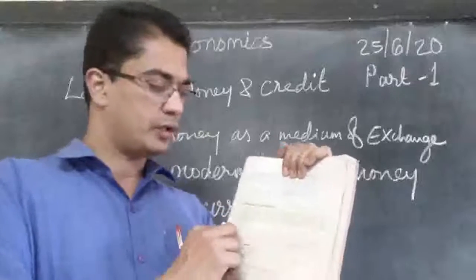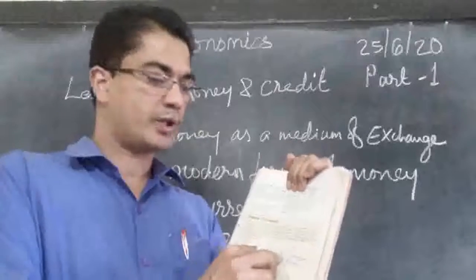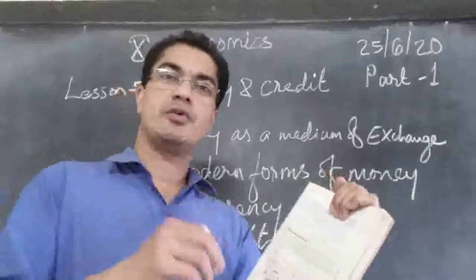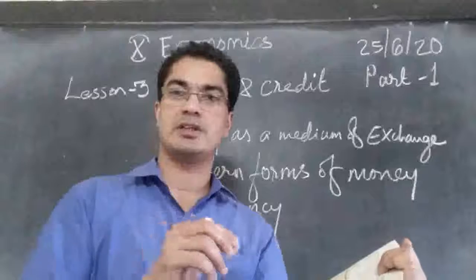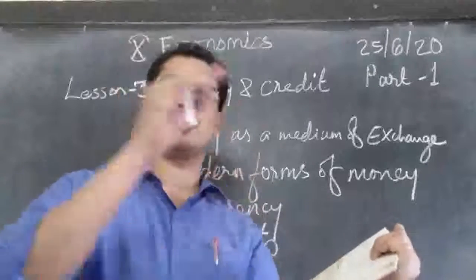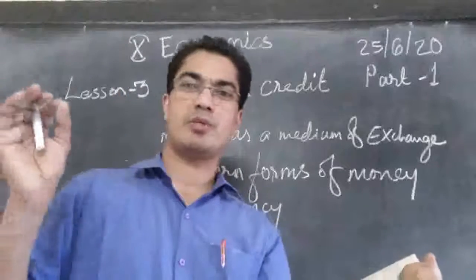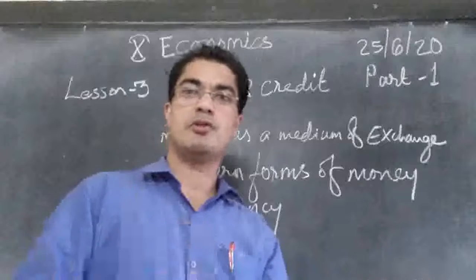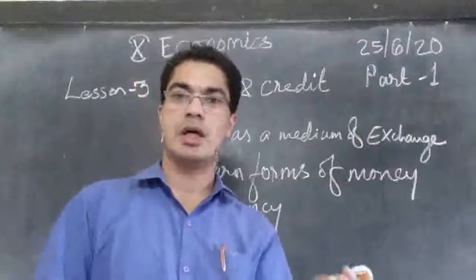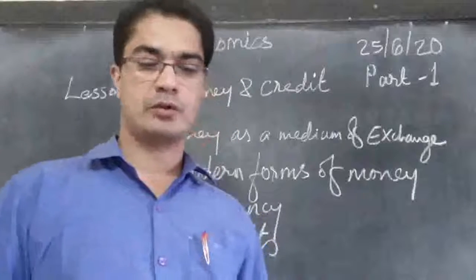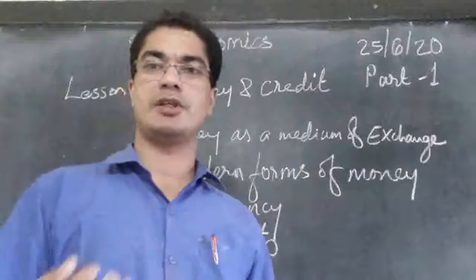Pay so and so the sum of 10,000 rupees. So you give that check, that paper, to him with your seal, with your signature and so on. And that person can go to the bank and take that money from the bank. So instead of giving him money, you give the check. That also is another important means of transferring money, exchanging money.